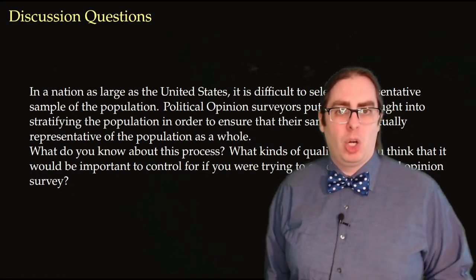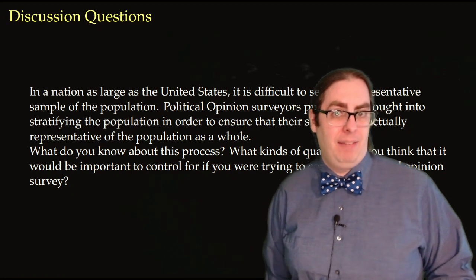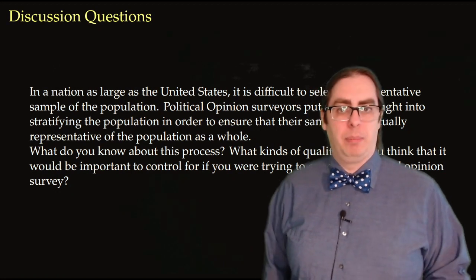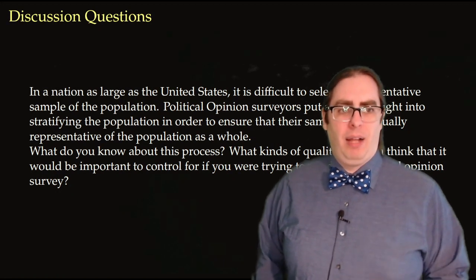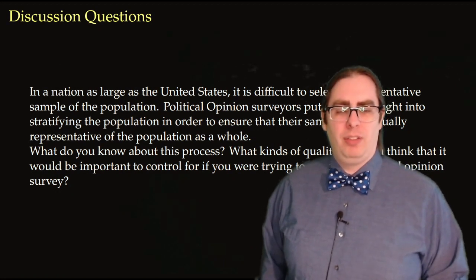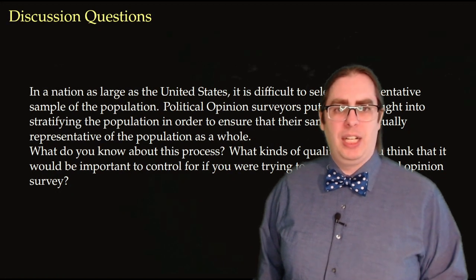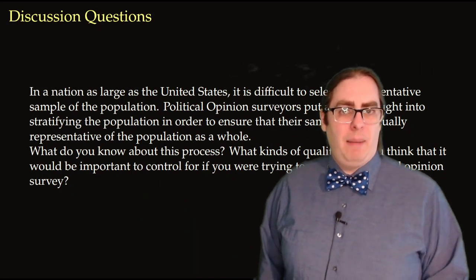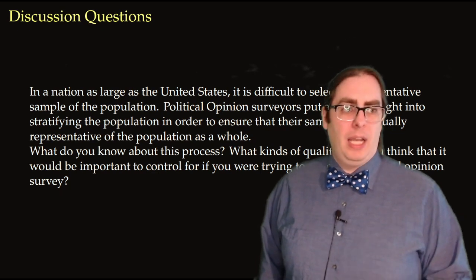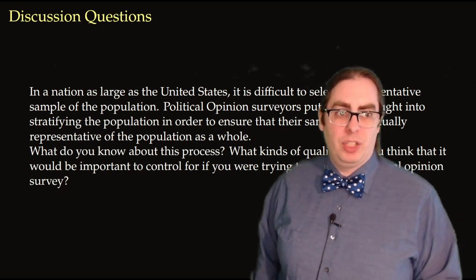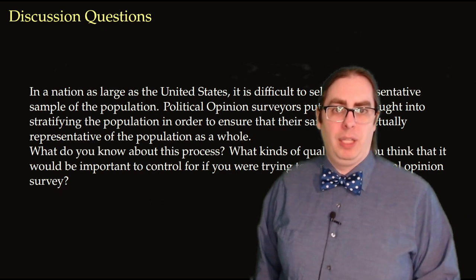How easy or hard would it be to actually get that information and control your sample? There's no real right answer. Figuring out how to make political opinion surveys is really a challenging task. But think about what kinds of things might be helpful. And if you want to talk about that in our discussion forums, that's a great place to go next.